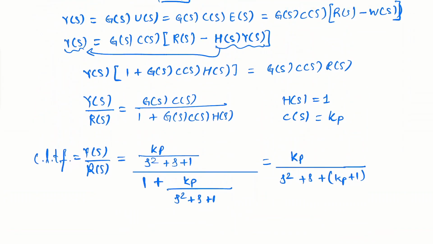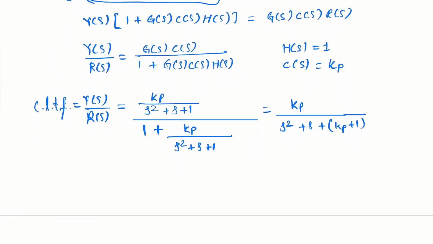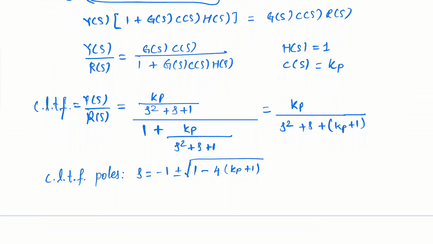So let us find the roots, sorry, the poles of the closed loop transfer function. s is minus 1 plus minus under root b square, that is 1 minus 4 into Kp plus 1, divided by 2.